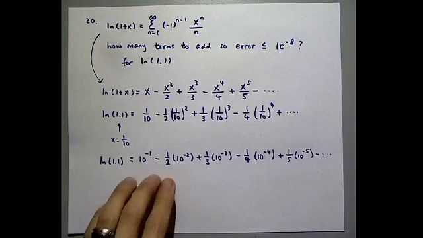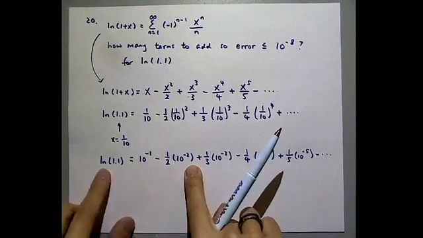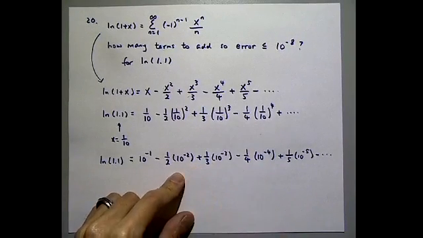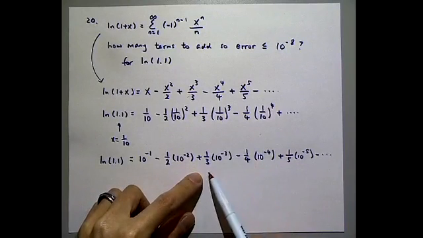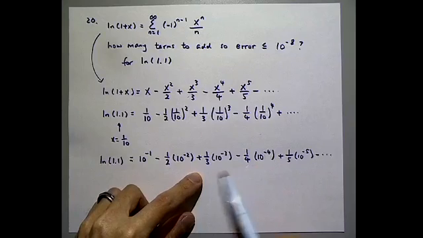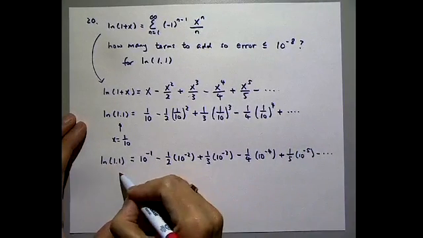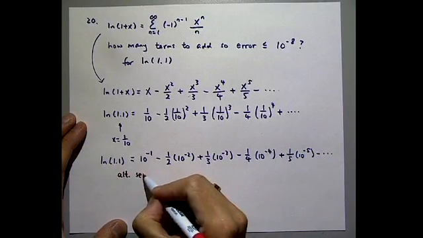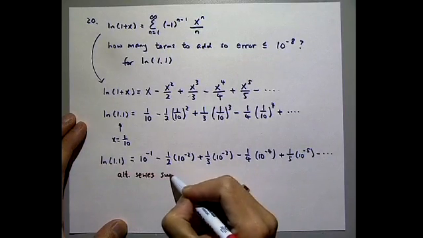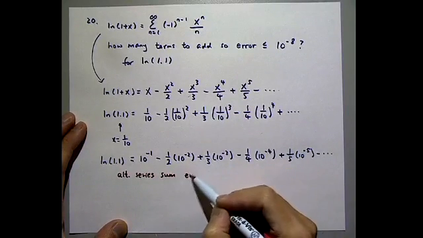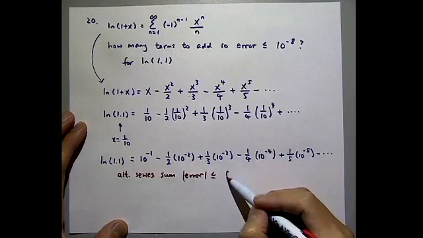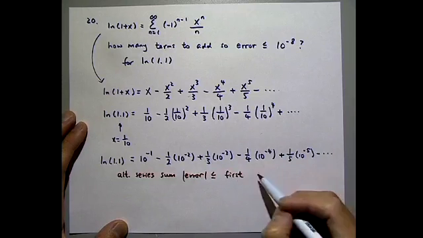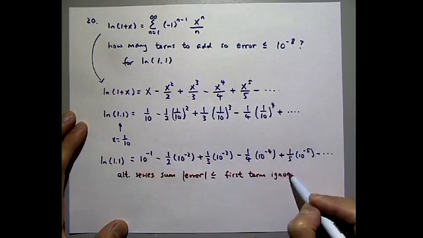If I use the first two terms to estimate my natural log of 1.1, where do you look for the error? The first one that we ignore, right? So remember this: the alternating series sum error is less than or equal to the first term ignored.